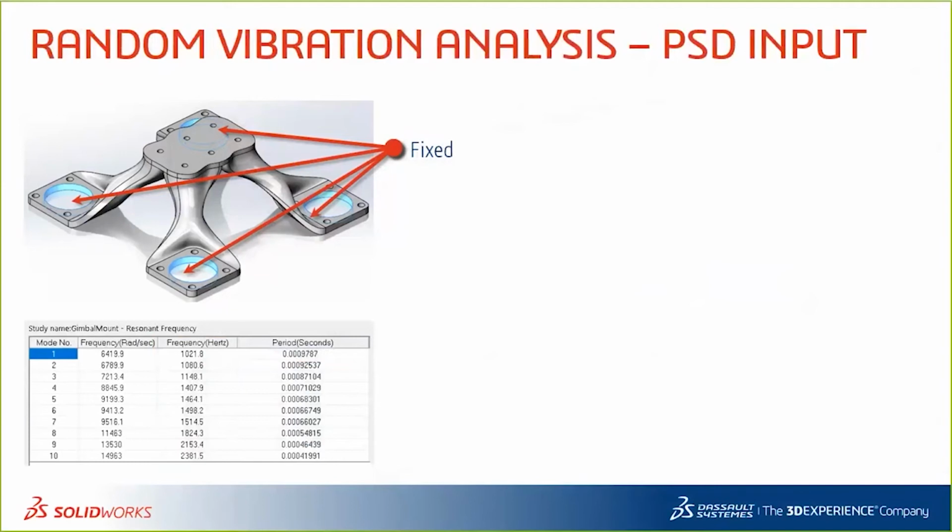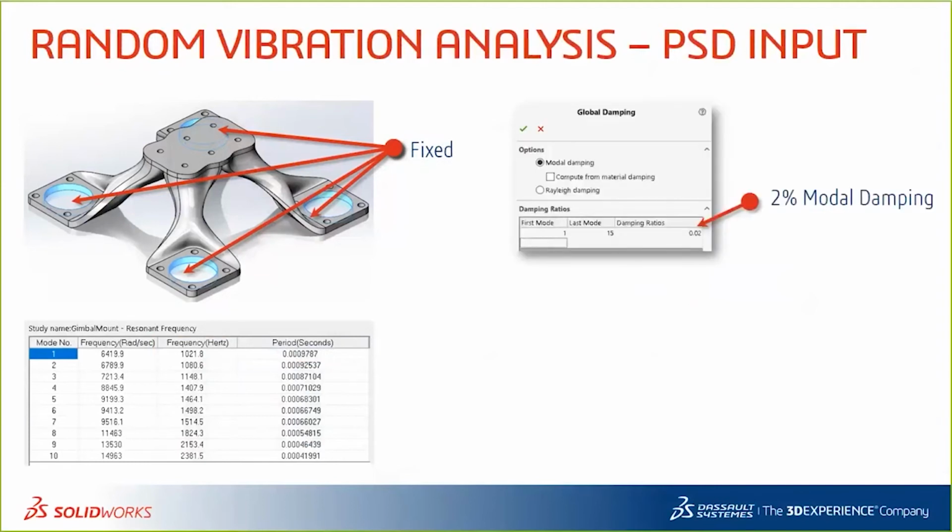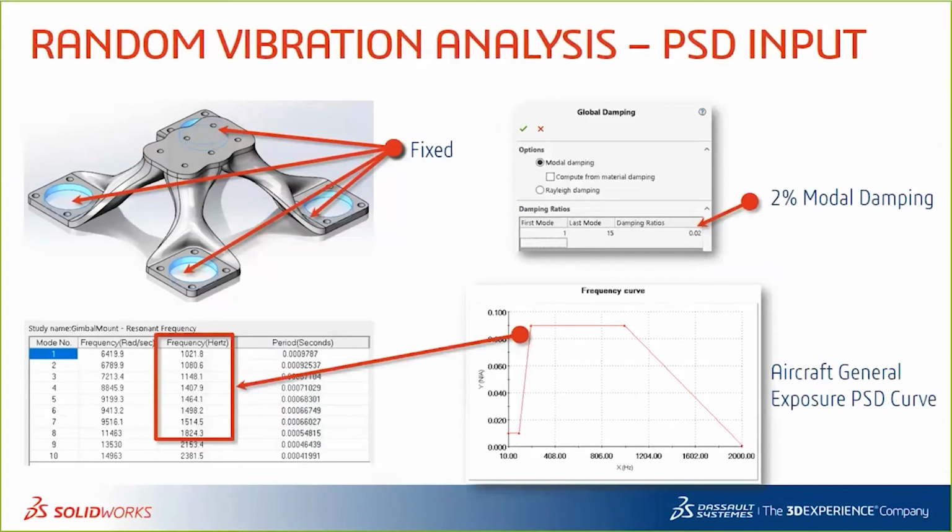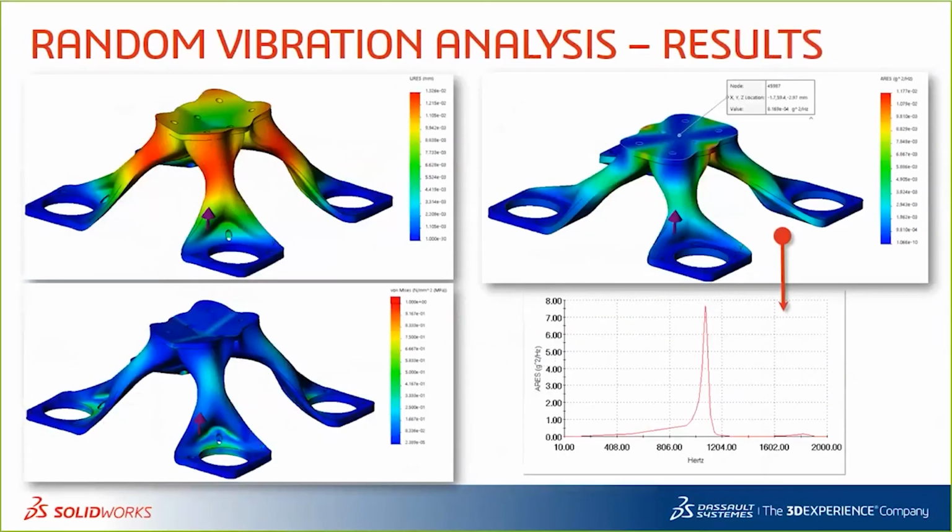So using a PSD input, we can run a random vibration analysis. And here we can look at a spike of our acceleration at right around 1200 hertz.